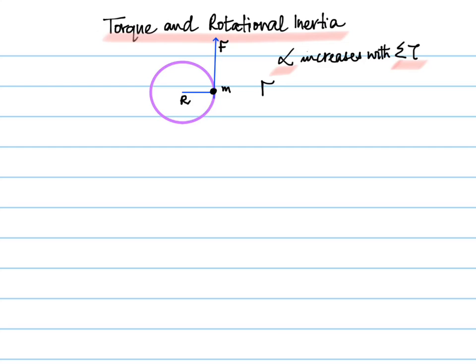A force can only move it forward, but a torque can make it rotate. Now, what's going to come in place of mass is called the rotational inertia, sometimes called the moment of inertia.